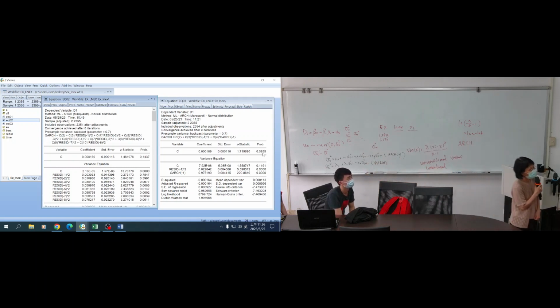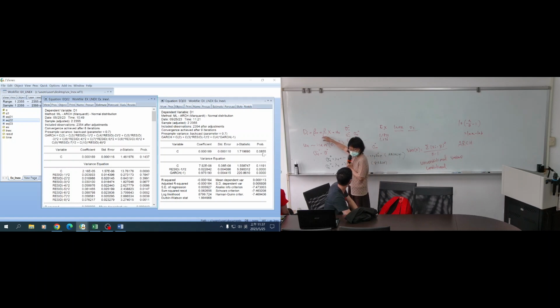It means that after we consider the behavior of our error terms, the estimation of this original model, these parts, is more accurate. Just by using the model, it's already estimated here.